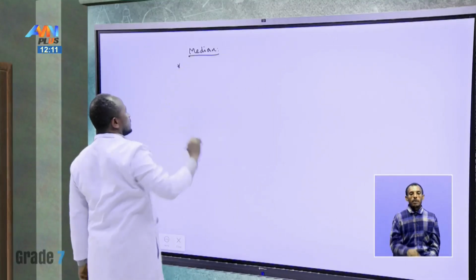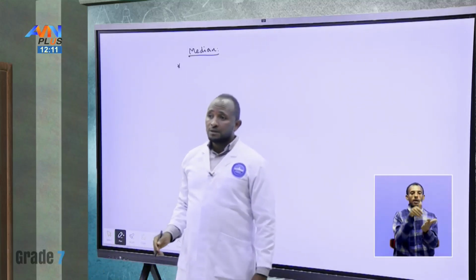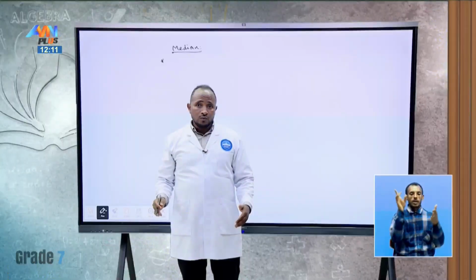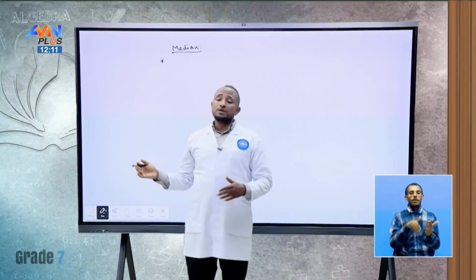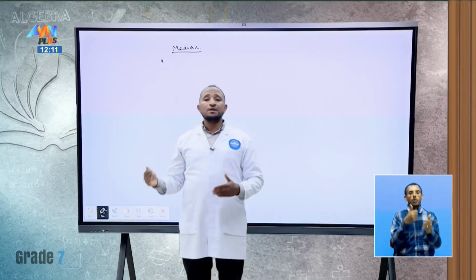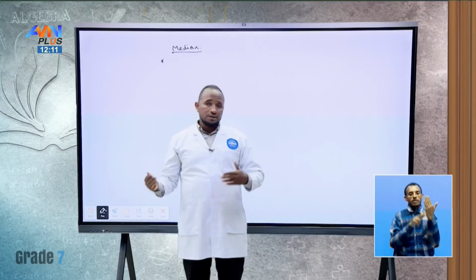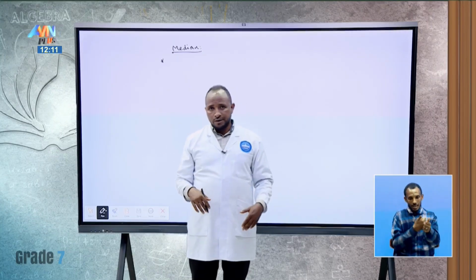Median is a data value. The median of a given data set is a value which is found at the middle when we arrange the data set in ascending or descending order.